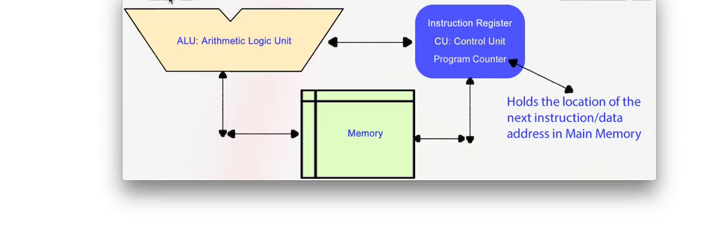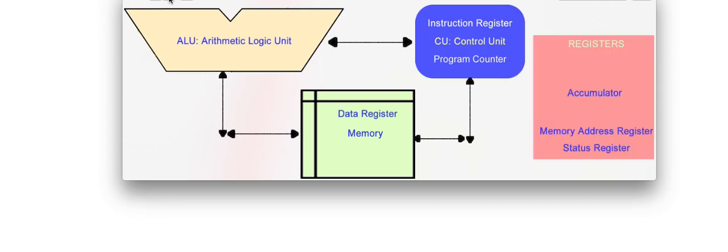So it holds the location of the next instruction or data address in main memory. Whilst an instruction is being carried out, the program counter will hold the next RAM address. For example, if the next RAM address for the next piece of data or instruction is 1024, then the detail held in the program counter will be 1024, because that's where it'll have to go next.